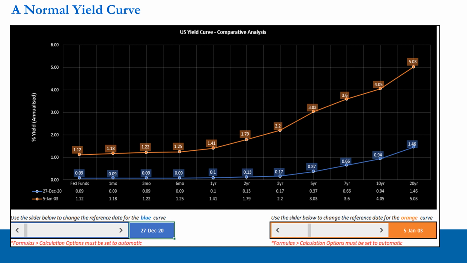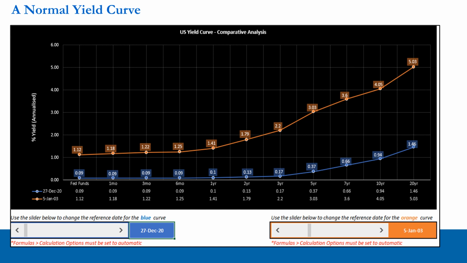So what we're looking at here is two moments in time where there was a normal yield curve. And you can see at the bottom of the screen, two sliders that are in the spreadsheet in the downloads area. And you can play with these sliders. You can plot yield curves from different moments in time.